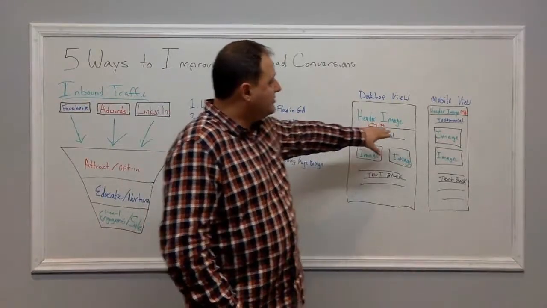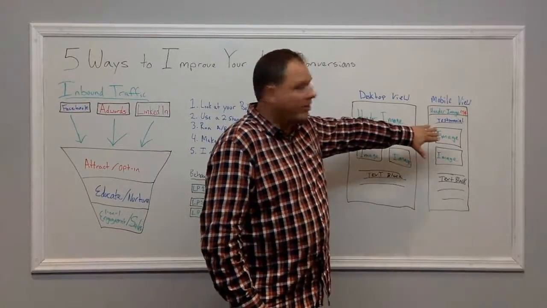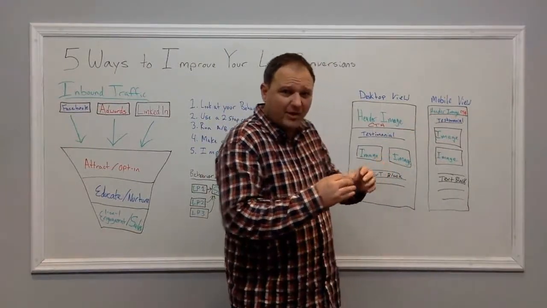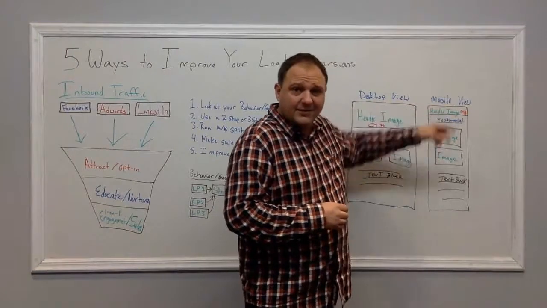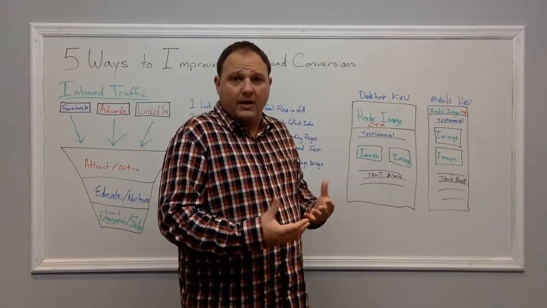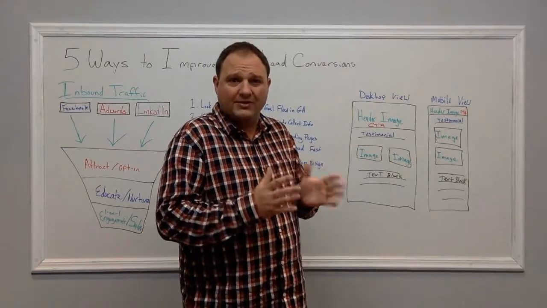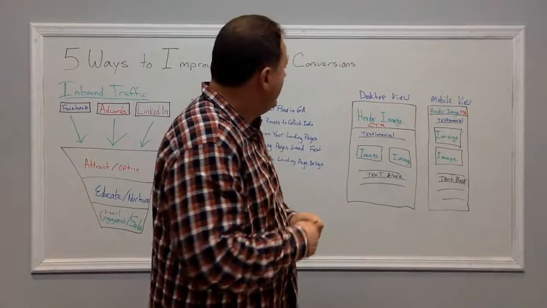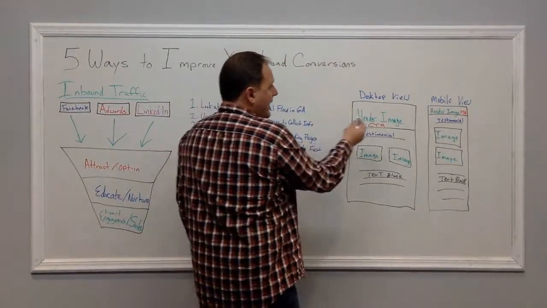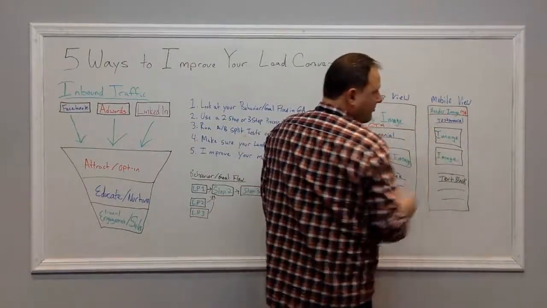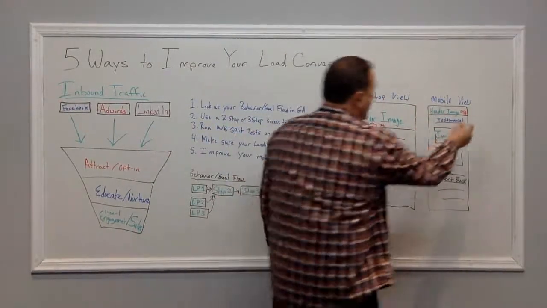So this is why it's super important to look at the design of your mobile, because if your header image shrinks down really small and that's where your CTA, your call to action, is, well, yeah, your conversion rates are going to be lower because your mobile design is just a little bit off. What would be better is you can take this and hide this in mobile and create an entirely new mobile landing page design.